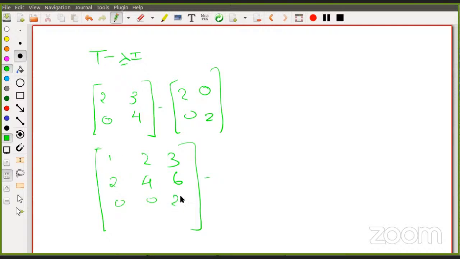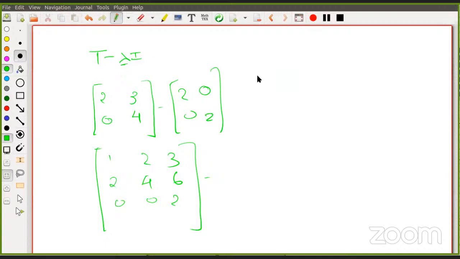So if you subtract 2 over here, you're going to have a row of zeros, which is going to make the matrix non-invertible. On the other hand, you can also have a matrix such that if you subtract one of the values, you're going to have 2 identical columns or 2 identical rows. So the core idea here is that you have to have T minus lambda I to be non-invertible.